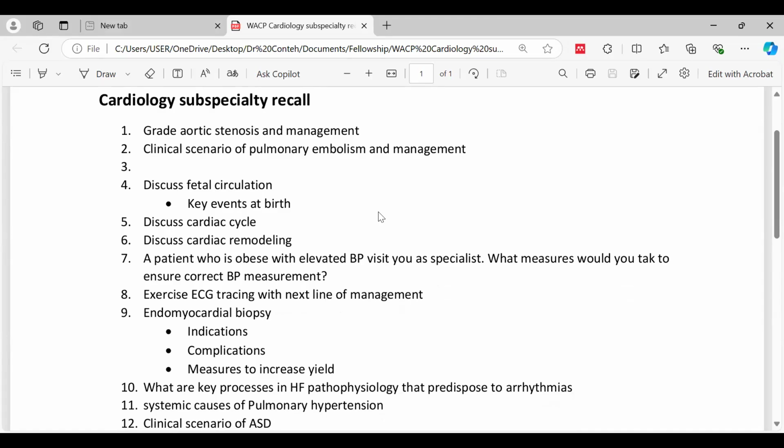And these physiologic changes could be due to exercise or pregnancy. For instance, we all know about the athlete heart. That's an example of a physiologic remodeling. And the physiologic remodeling is also called compensatory, it's also called adaptive remodeling.